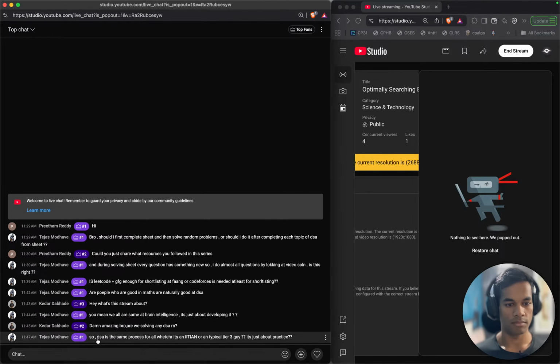So DSA is the same process as for all, whether it's an IIT or a typical tier 3 college. Yes, of course, it is the same thing. It is just about the mindset. A typical tier 3 guy would think that he is supposed to be a typical tier 3 guy.